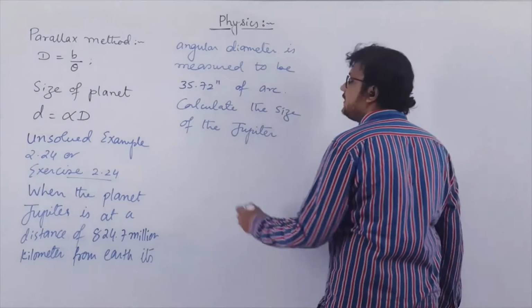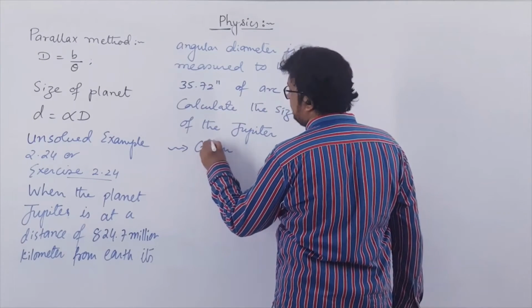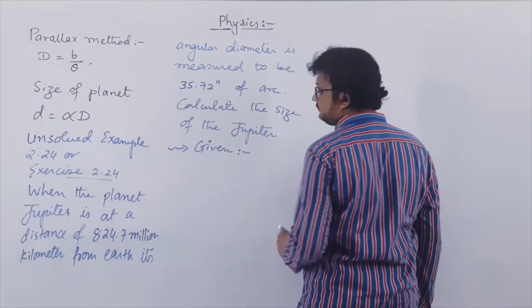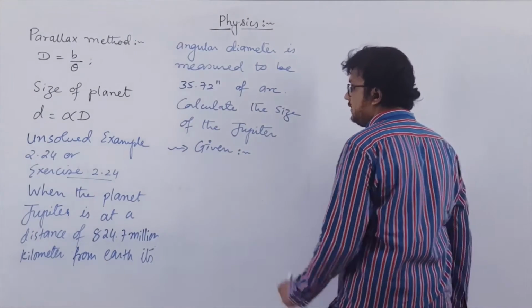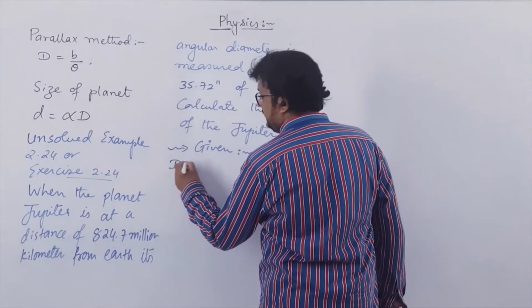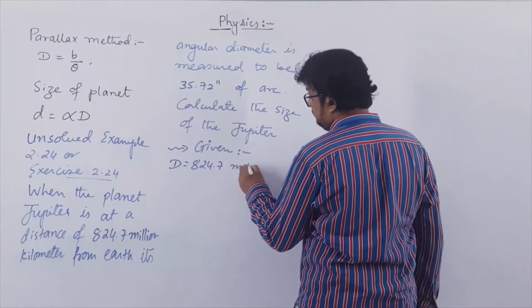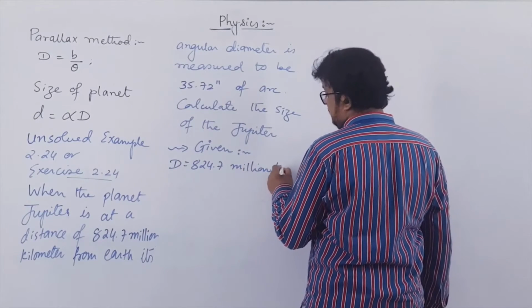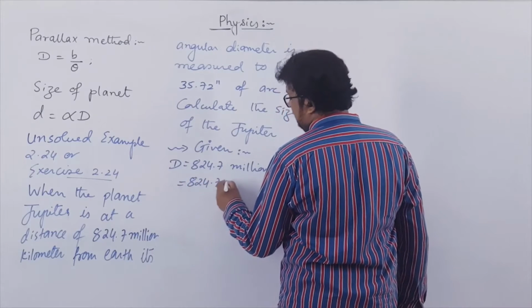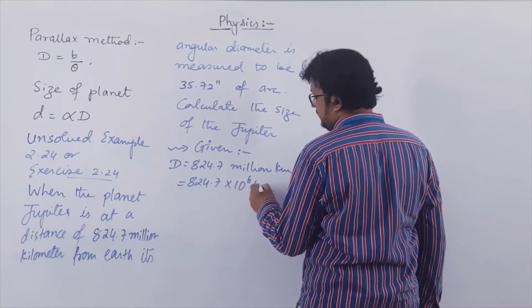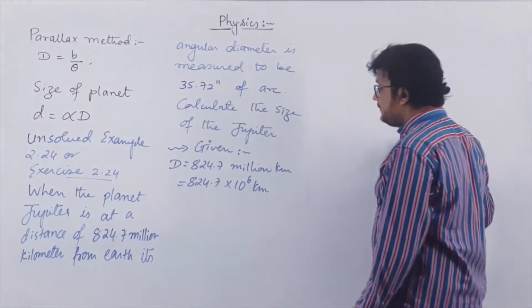So always we'll start with making a list of given data. In this example you can see that Jupiter is at a distance of 824.7 million kilometer. So distance capital D is given as 824.7 million kilometer. Million means 10 raised to 6 kilometer.